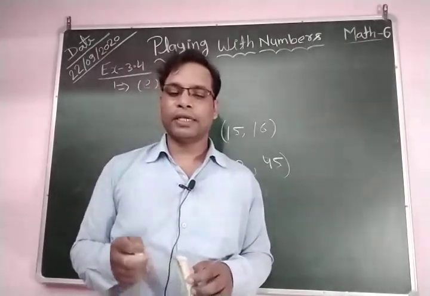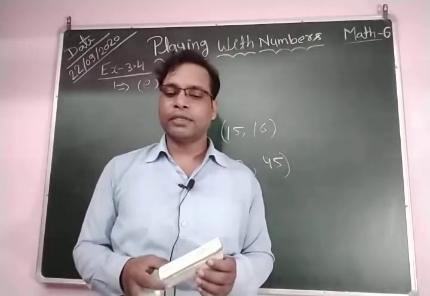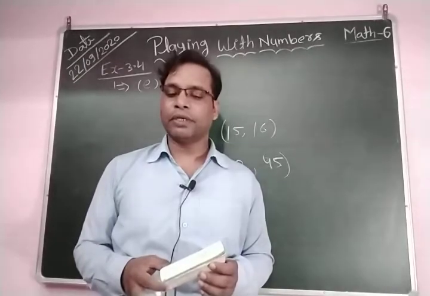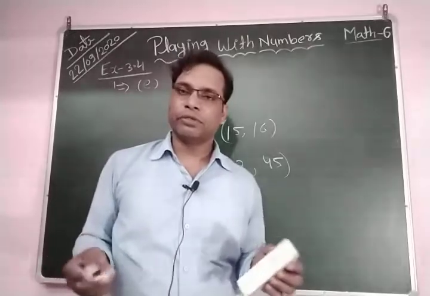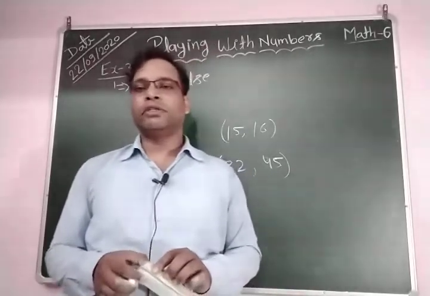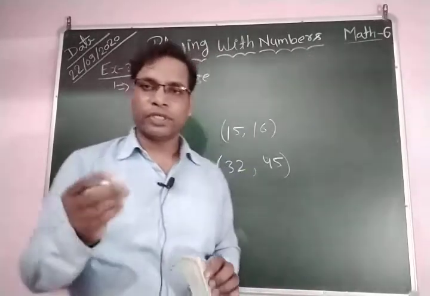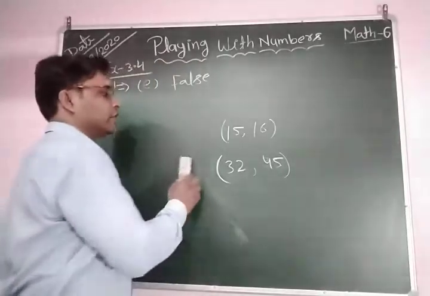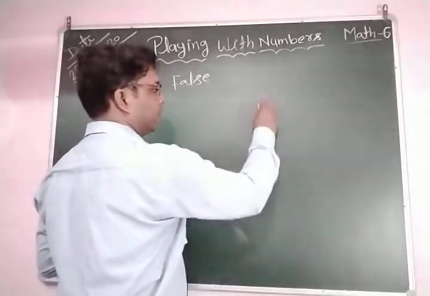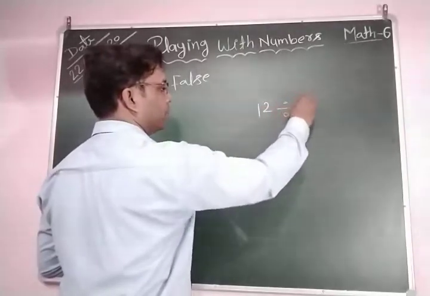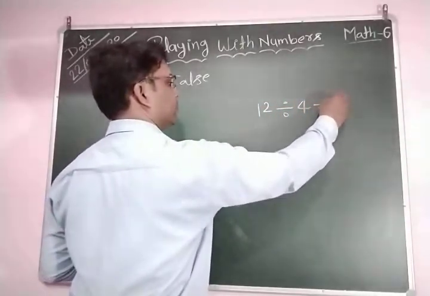Okay, and the F part says that all the numbers which are divisible by 4 must also be divisible by 8. Is this true or false? Let's see through some examples. Here we take 12, which is divisible by 4, you know very well, three times.